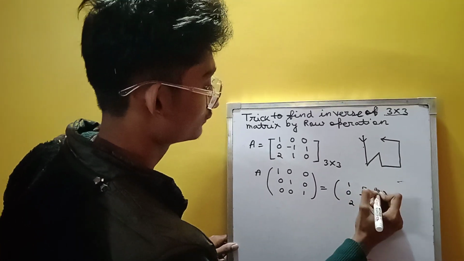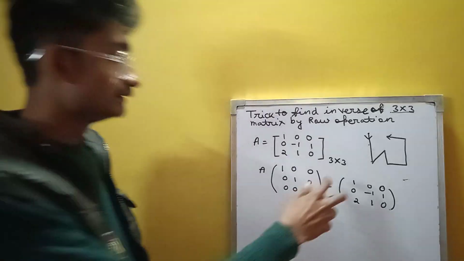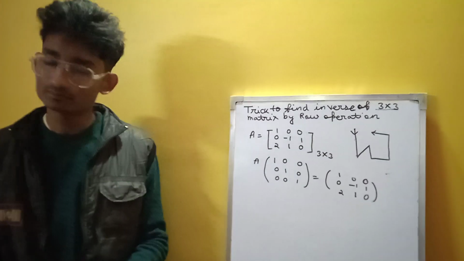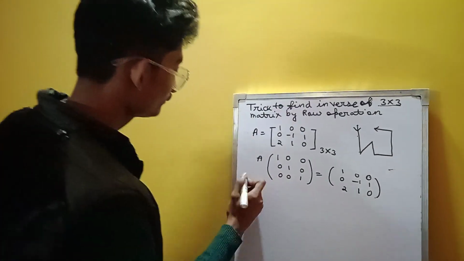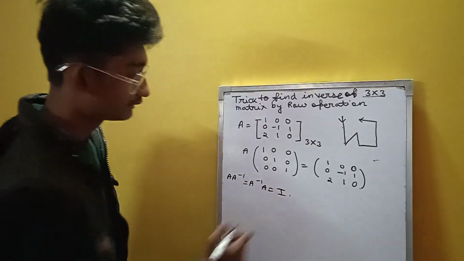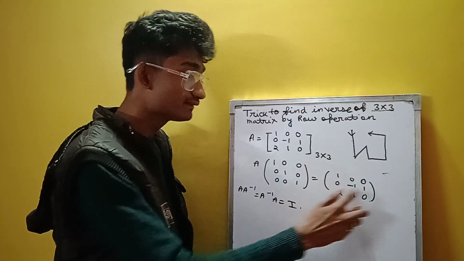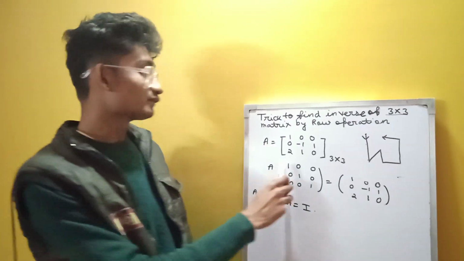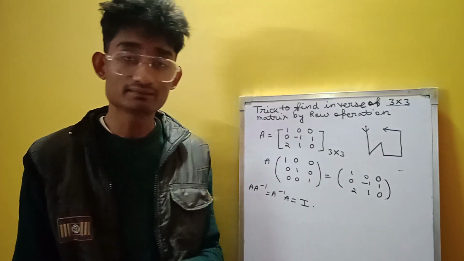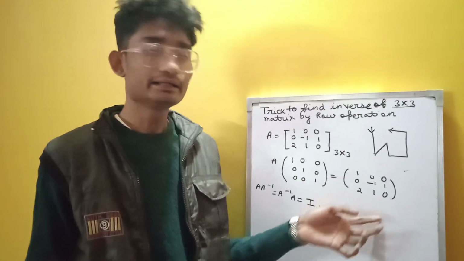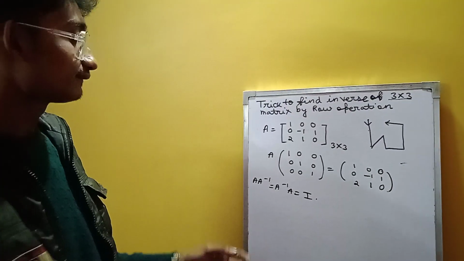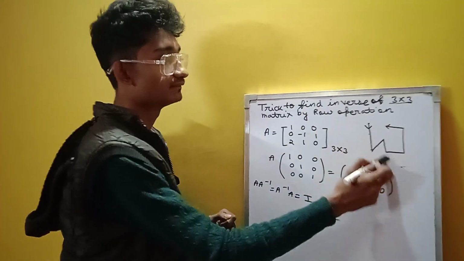You should make this an identity matrix, such that this transformed matrix will be the inverse of the original matrix. According to the inverse, A into A inverse equals A inverse into A equals the identity matrix. If you are able to make this matrix the identity matrix, then the transformed matrix will be the inverse, because multiplying it with the original matrix results in the identity matrix. So we follow the row operation using this simple trick.